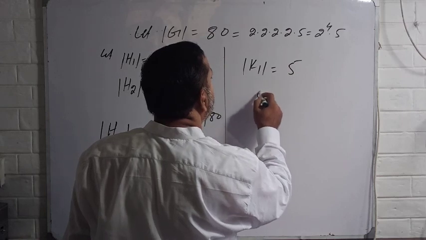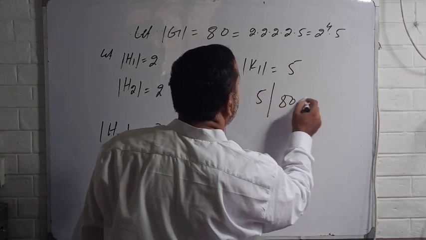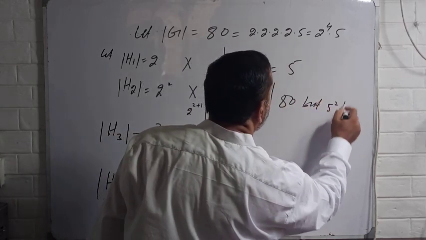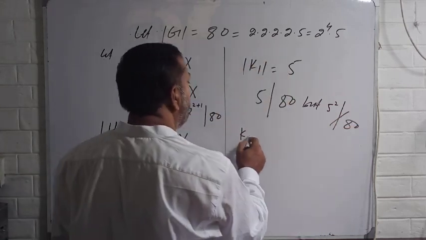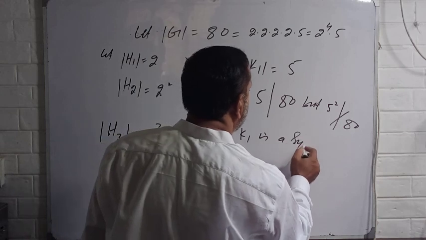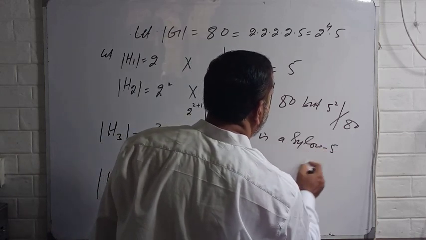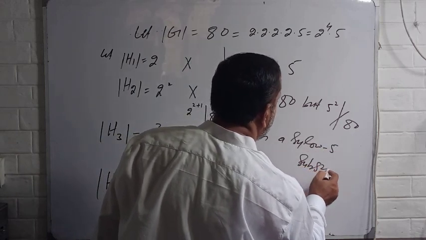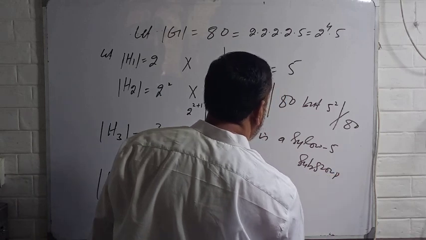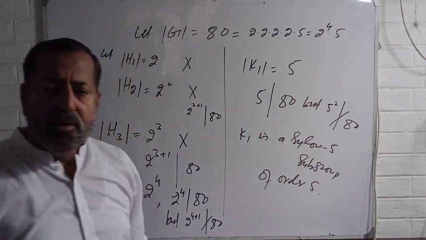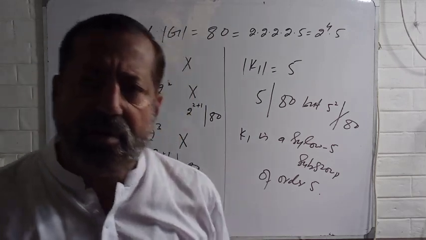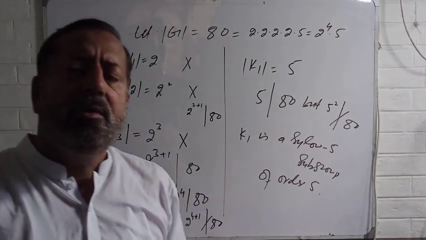Then of course 5 divides 80, but 5 square does not divide 80. So K1 is a Sylow-5 subgroup of order 5, right? So this is the definition of Sylow-p subgroup.